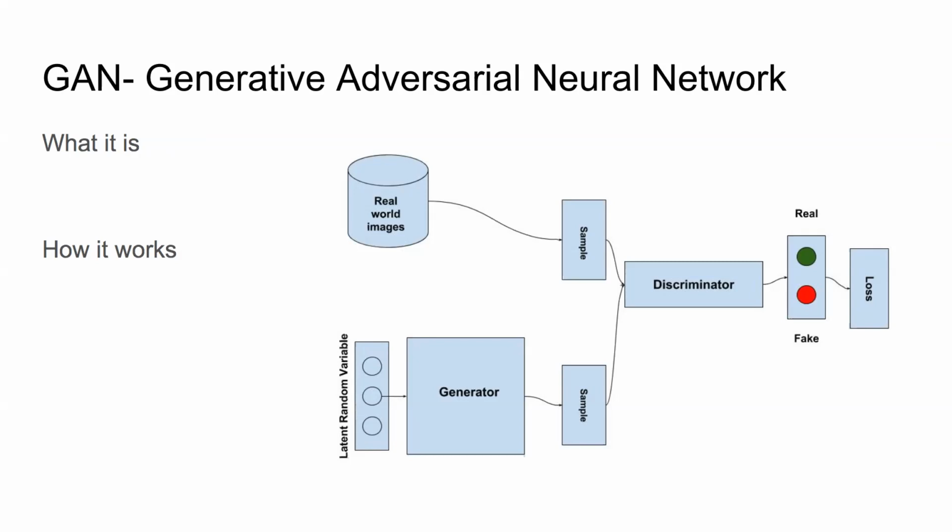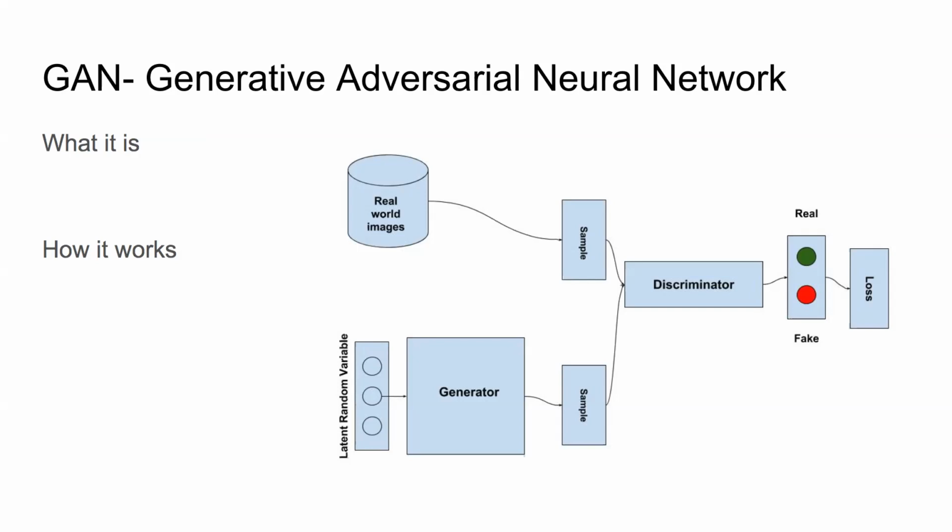So the loss formulation is basically, you want the discriminator to classify real samples as real and fake samples as fake, and the generator's loss is the opposite of whatever the discriminator's prediction is. So the generator wants the discriminator to classify its output as real. It wants to fool the discriminator. So this is the basic framework of a GAN.